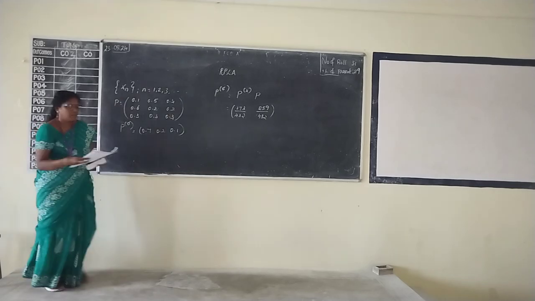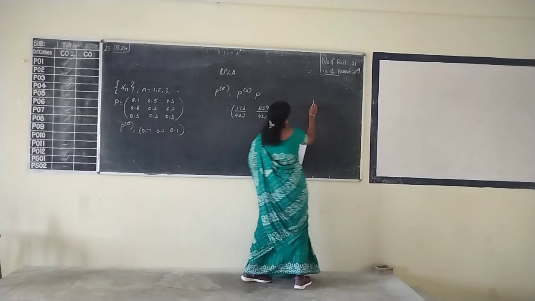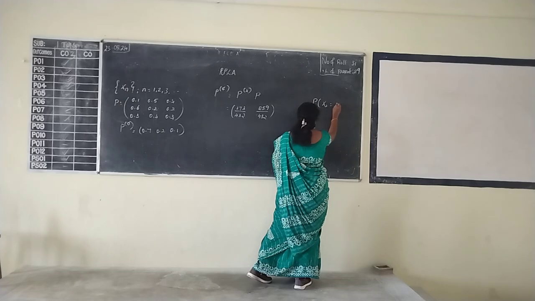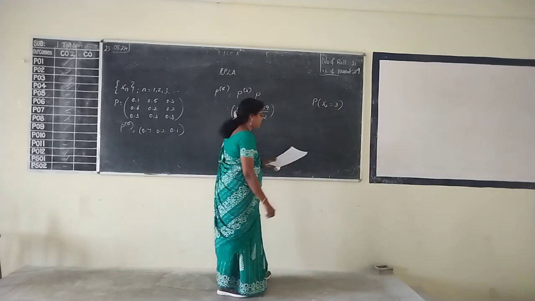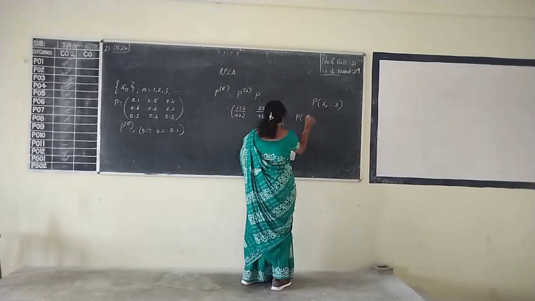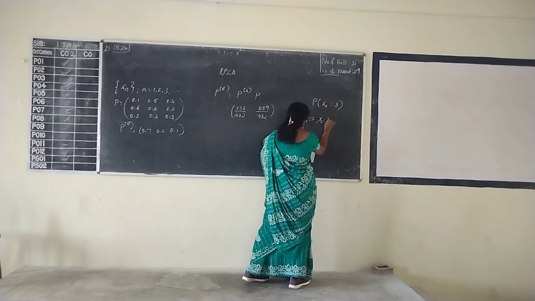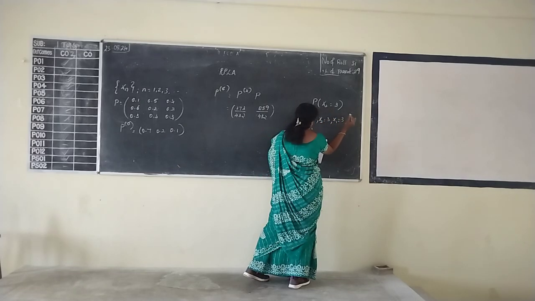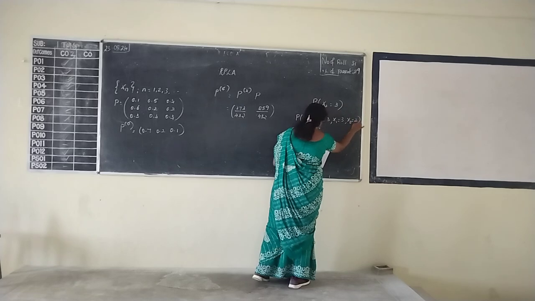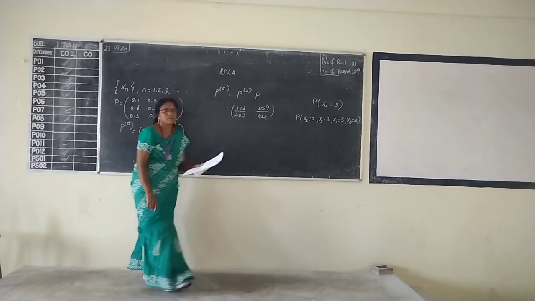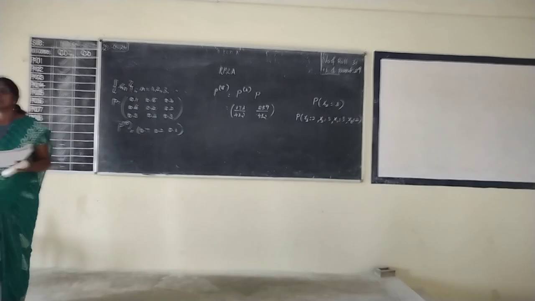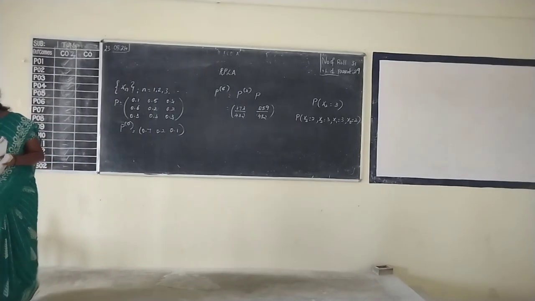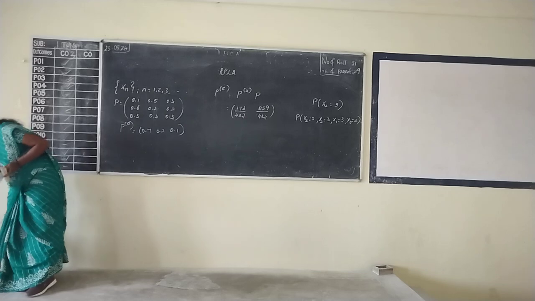Find the probability of X2 equal to 3, and the probability of X3 equal to 2, X2 equal to 3, X1 equal to 3, X0 equal to 2. So this type of problems can also be asked.